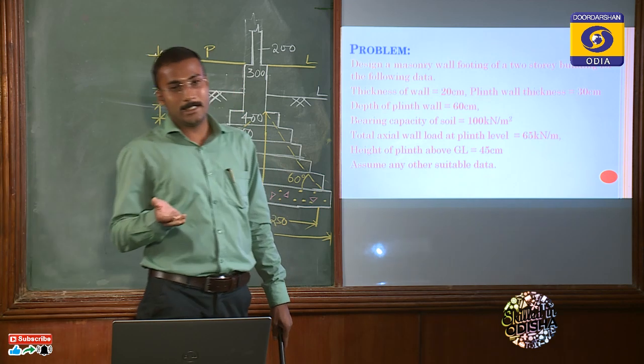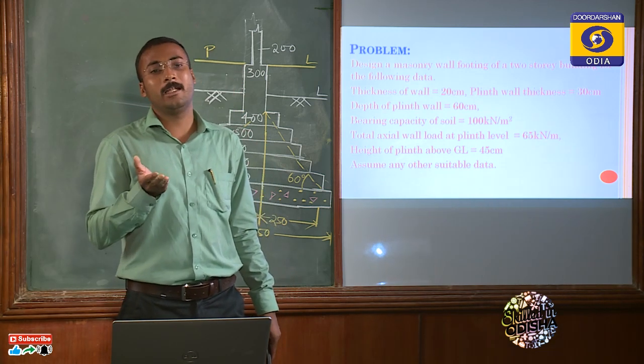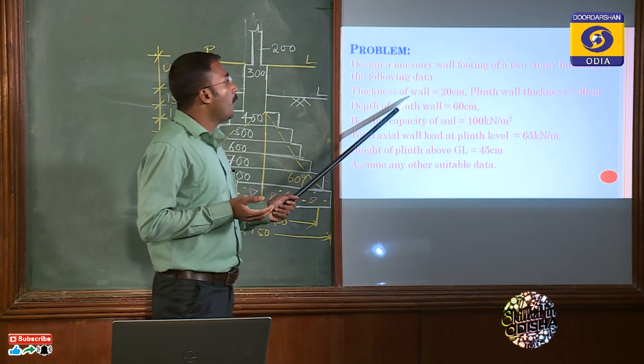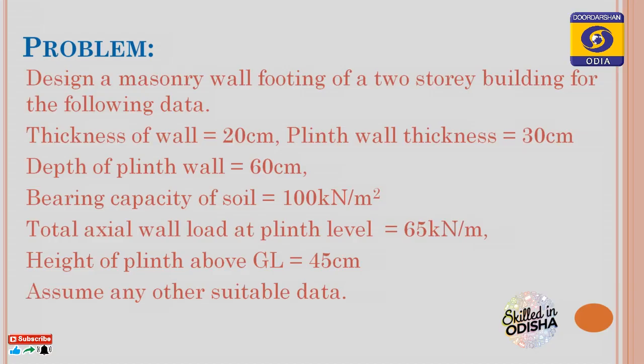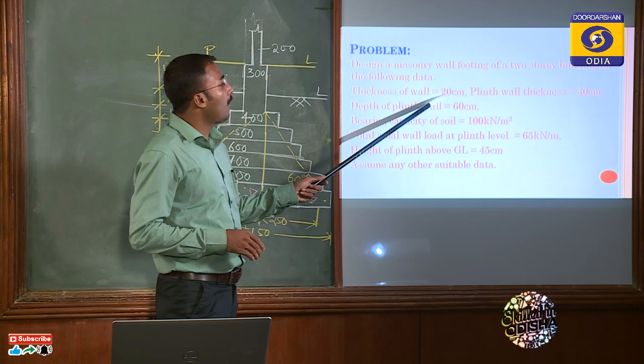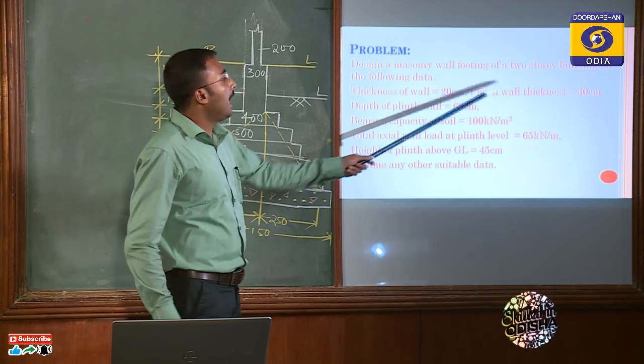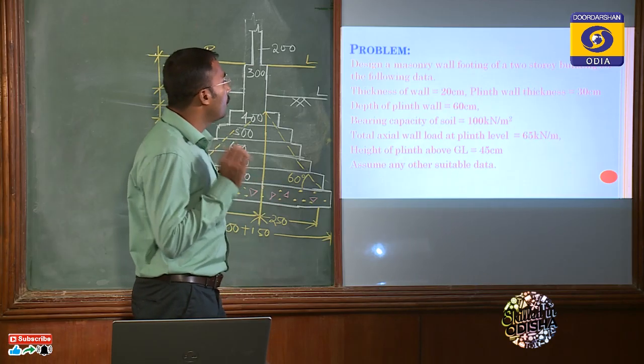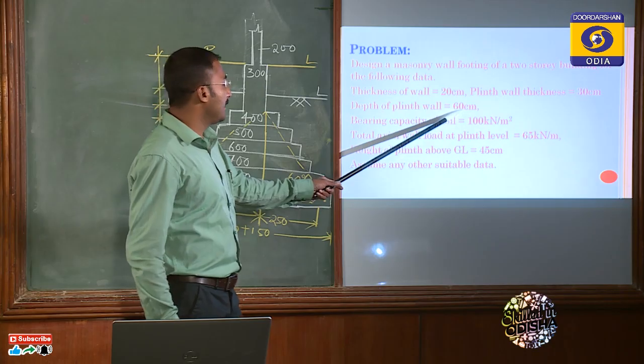The plinth wall is provided above the ground level, and from the plinth level the main wall goes up to the bottom of the slab. Up to the bottom of the slab the wall thickness is 20 centimeter and the plinth wall thickness is 30 centimeter, and the depth of the plinth wall is 60 centimeter. That means the total depth of the plinth wall from the top of the footing is 60 centimeter.